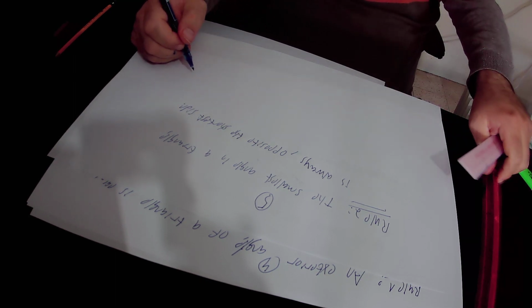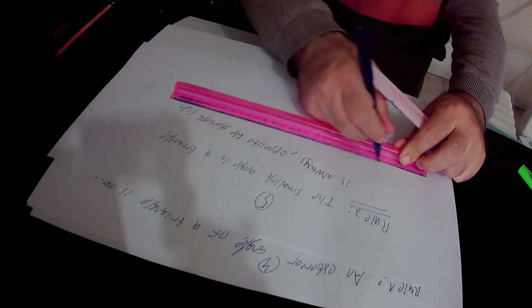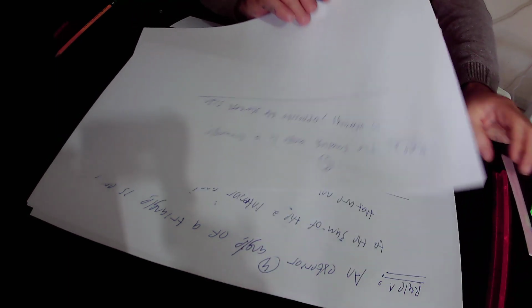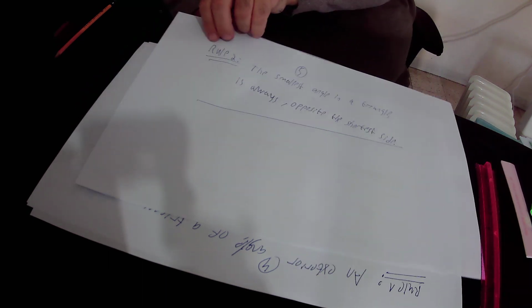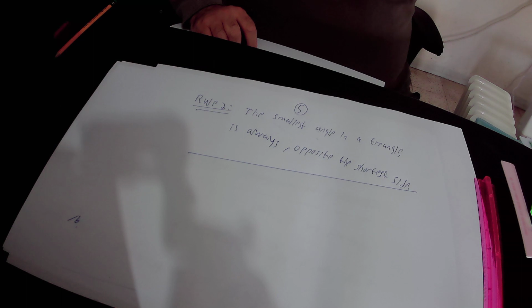I'll read rule number 2 again. According to rule number 2, the smallest angle in a triangle is always opposite the shortest side.